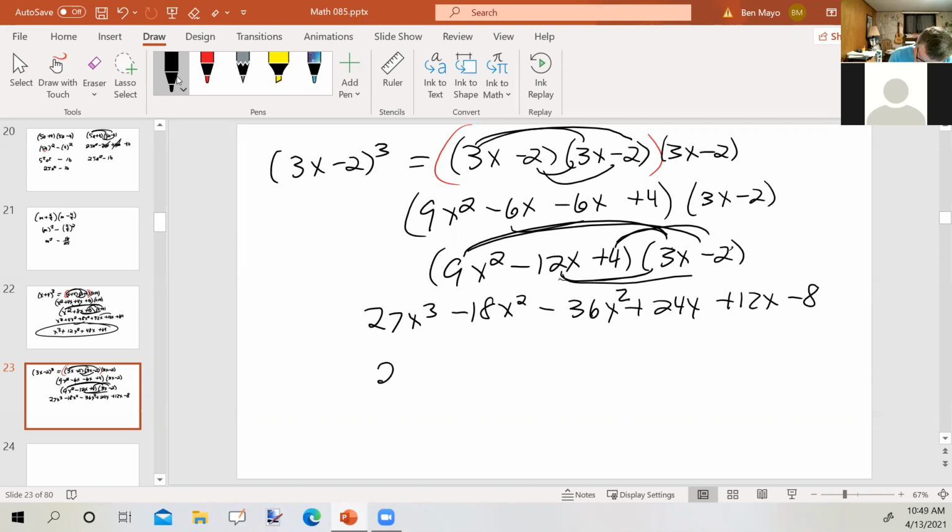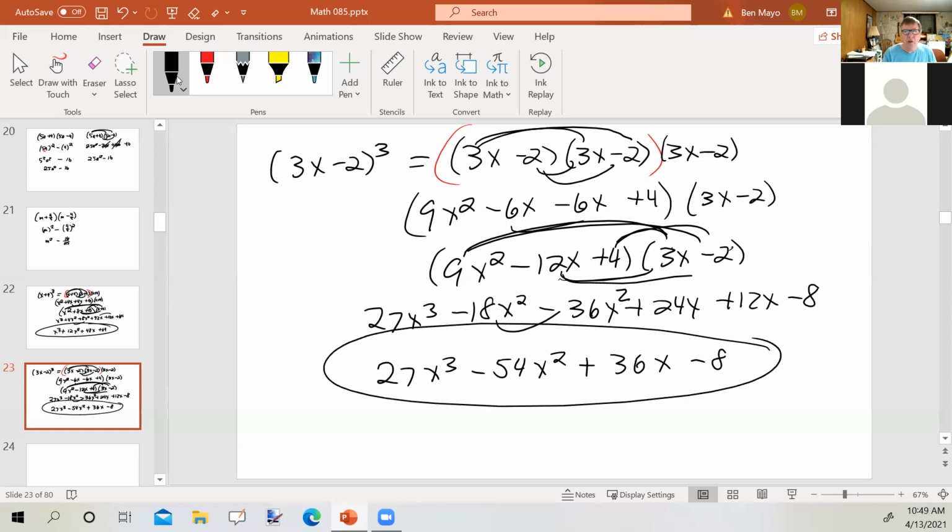All right. 27x cubed minus what? 54x squared. I think I just need to slow down. Plus 36x minus 8. So we get another polynomial answer. All right.